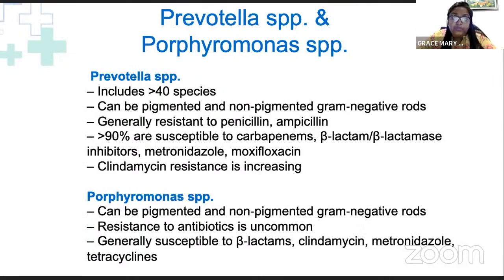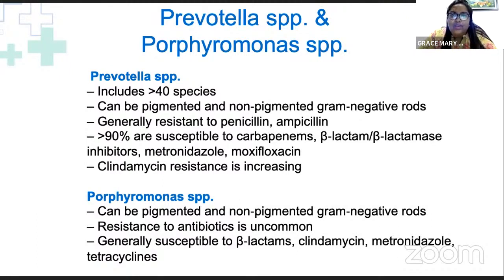Now Prevotella and Porphyromonas species, a lot of them are in your mouth, and they're there throughout your body. Prevotella can be pigmented or non-pigmented gram-negative rods, and they're generally resistant to penicillins because of beta-lactamase production.